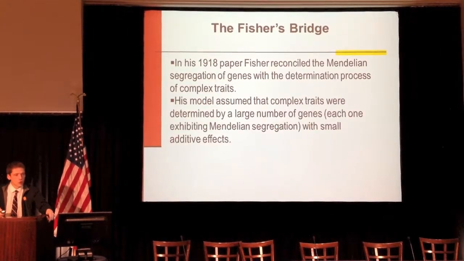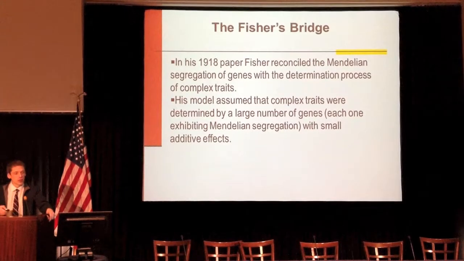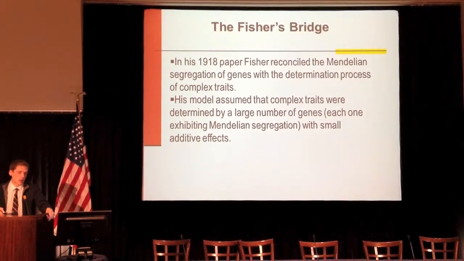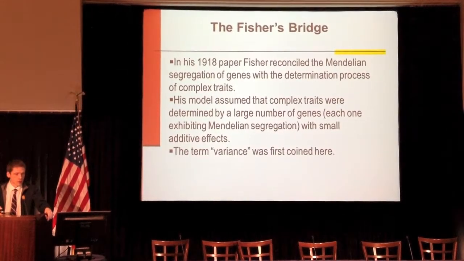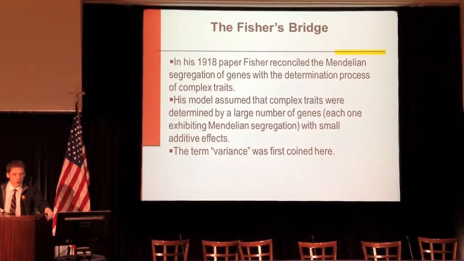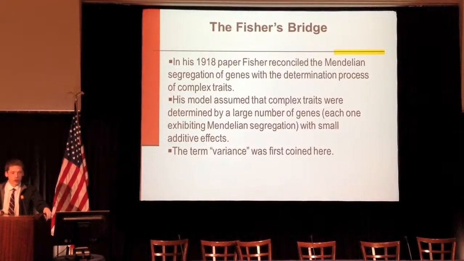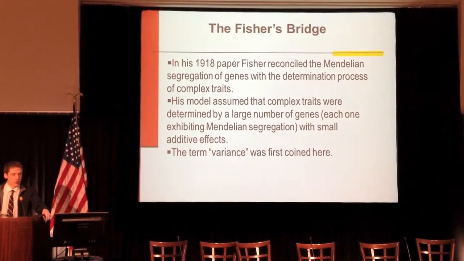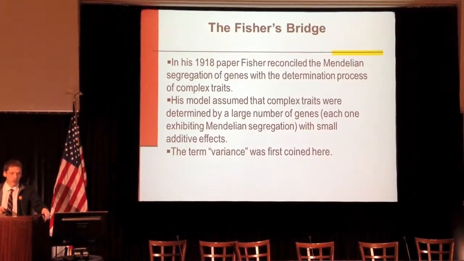This work is known as Fisher's bridge. It is a reconciliation between the Mendelian segregation of genes and traits and the determination process of complex traits. Fisher's model assumed that complex traits were determined by a large number of genes, each of which exhibits Mendelian segregation, and each of those genes provides a small additive effect.